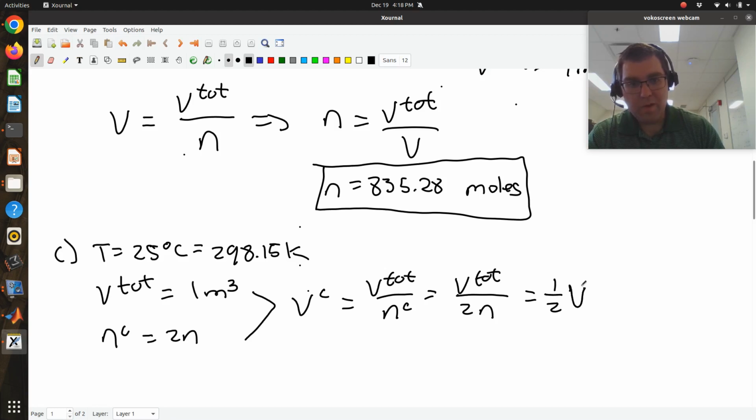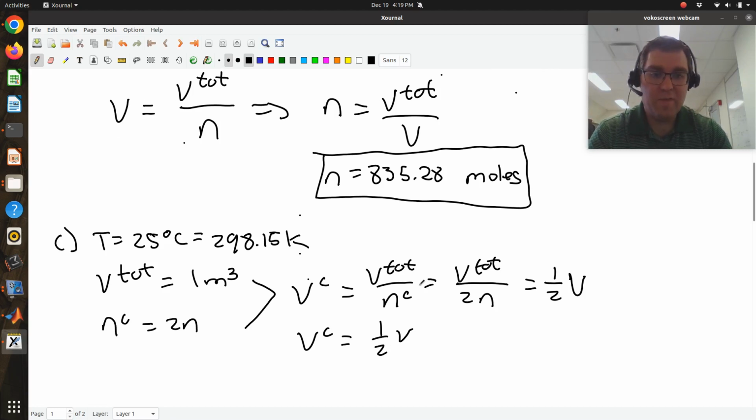So my molar volume is going to be half of the molar volume I had before. In C, we're told that my temperature is the same, but now we have twice as many moles in my same tank. So my molar volume now in part C is half of what I had before. So VC, my molar volume in part C, is going to be half of V.